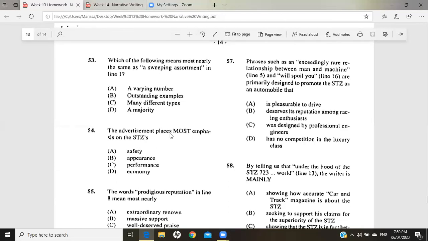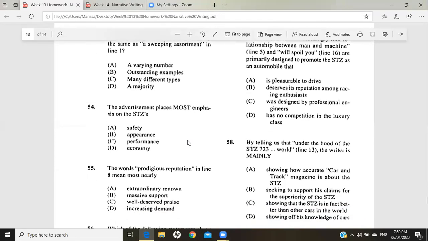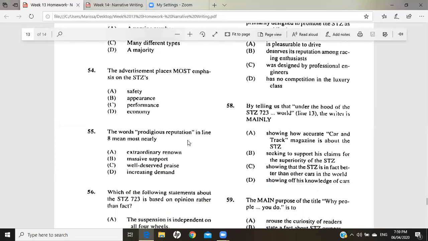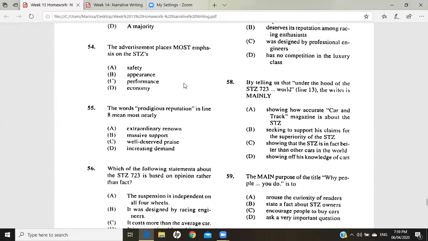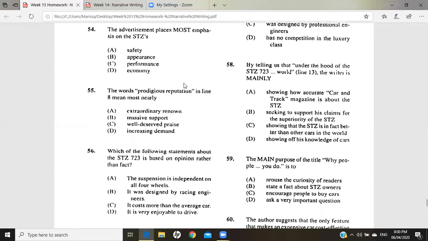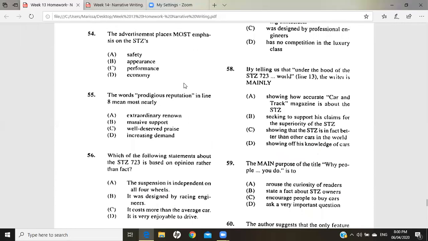54 says the advertisement places most emphasis on the STZ's what? So out of all the things that they were describing about the vehicle, it places a lot of emphasis on what about the vehicle? Performance. Yes, the answer was C, performance. 55 says the word prestige, reputation in line 8, most nearly what?